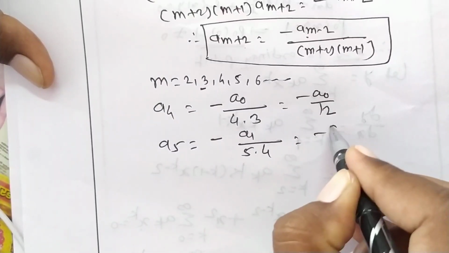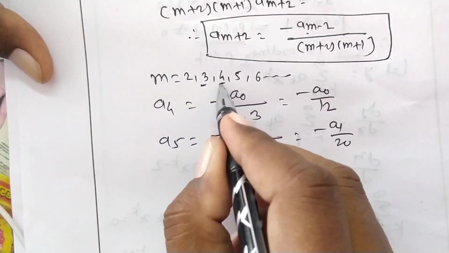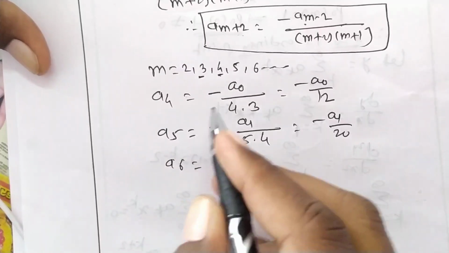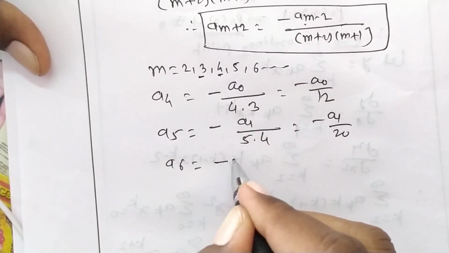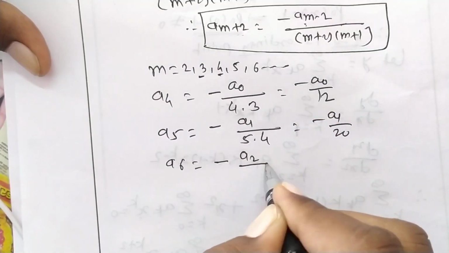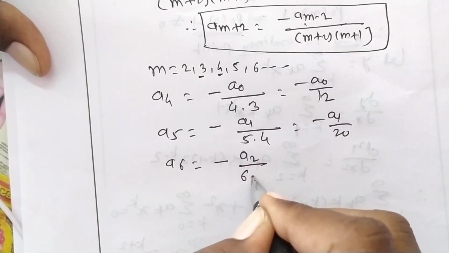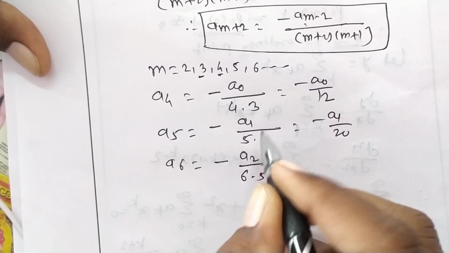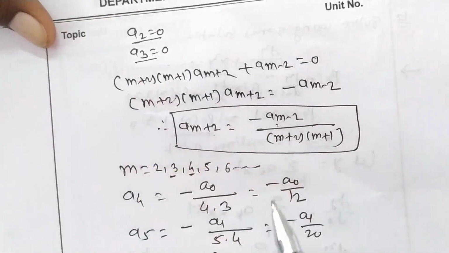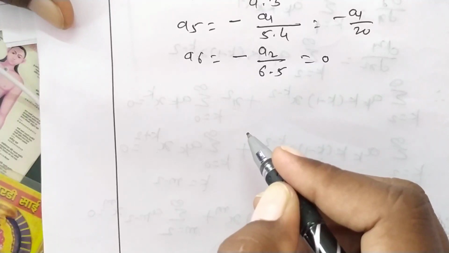So this is equal to minus a1 by 20. Then if you put m equal to 4, 4 plus 2 is 6. So what is the value of a6? a6 is equal to minus 4 minus 2 is 2, a2 upon 4 plus 2 is 6, 4 plus 1 is 5, but what is the value of a2? a2 is 0. So if you put a2 as 0, then we will get a6 is also 0.